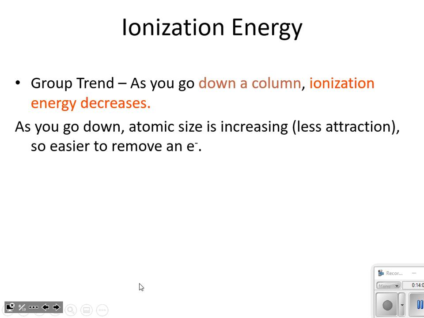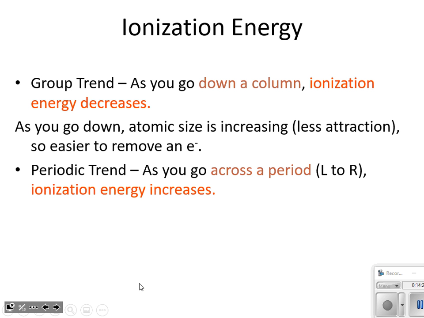Okay, so as we go down the column, the ionization energy decreases. Okay, it's going to be easier to pull off that electron. We talked about across the period. As you go across the period, the ionization energy increases.